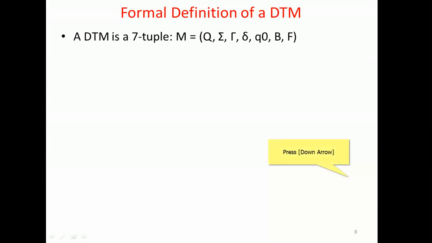Coming to the formal definition, we have 7 tuples. Q is the finite number of states that participate in the state diagram, state graph or transition diagram. The first dimension is Q, the finite set of states, and sigma is the input symbol.